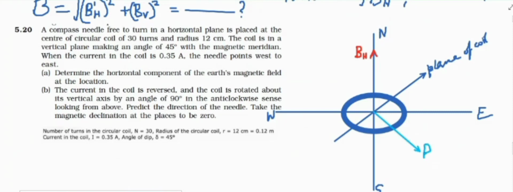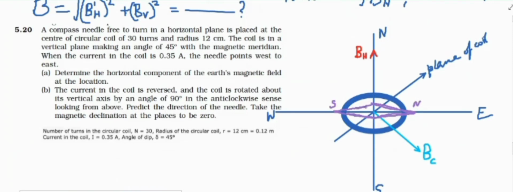So this is the magnetic field of the coil, BC. Now a compass needle is placed there, and that compass needle has a direction west to east. This is the needle, west to east, like this.